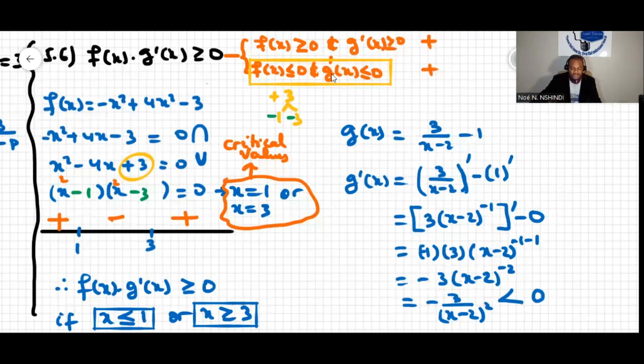The option was only this. As I say, the calculation here was pointless. You could have just looked at the graph and used it to find the sign of f of x, and then applied this property with the calculation you find for g prime of x, and determined which interval x is defined.